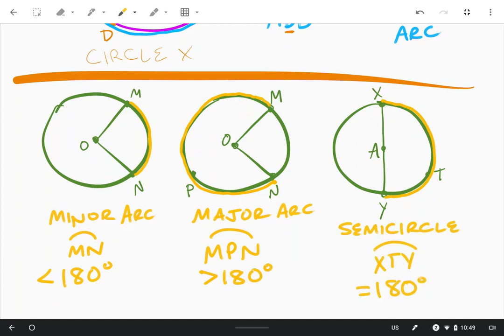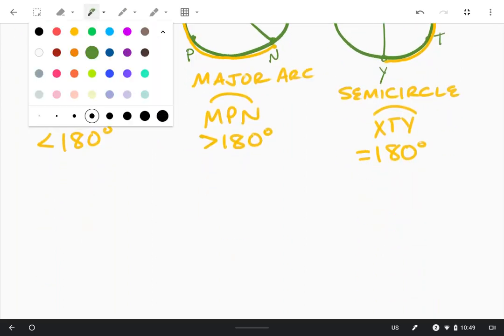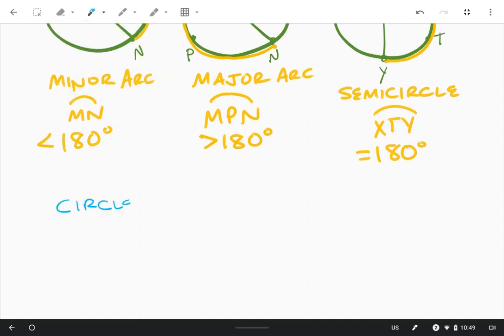So I've introduced a new concept, but I want to make sure that we understand that in a circle, and I think you already know this from some previous units, circles have 360 degrees that make them up.